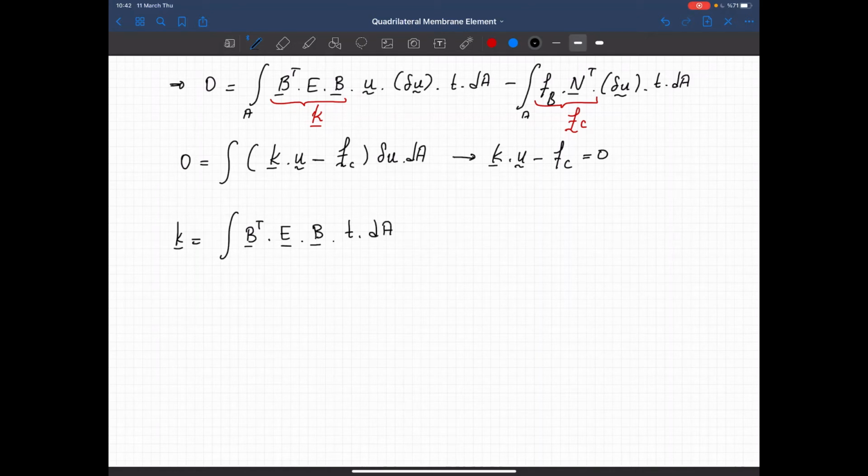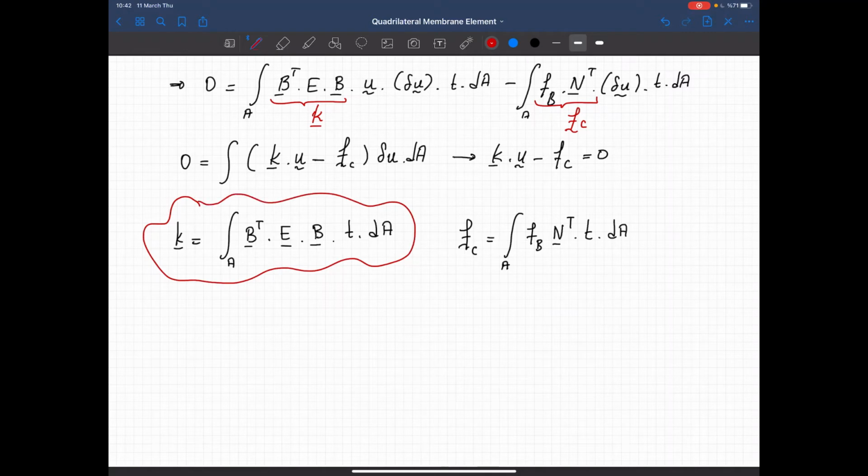This will give you the stiffness matrix, and the consistent load vector is obtained from the body force, T times dA. And these are the equations that we have to numerically evaluate to calculate the stiffness and the consistent load vector of a 4-node membrane element.